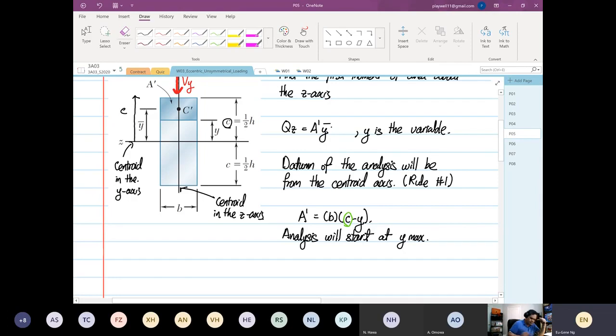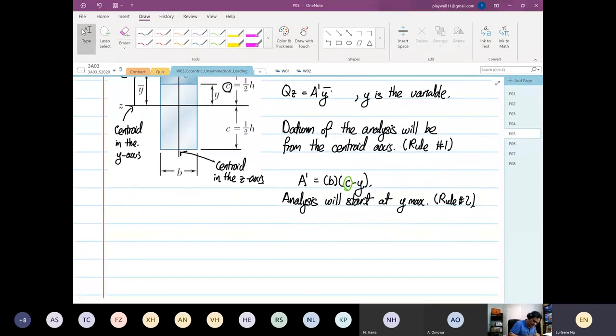So this is your C. So this is rule number 2. The analysis will start from the outer surface and draw itself back to the centroid.